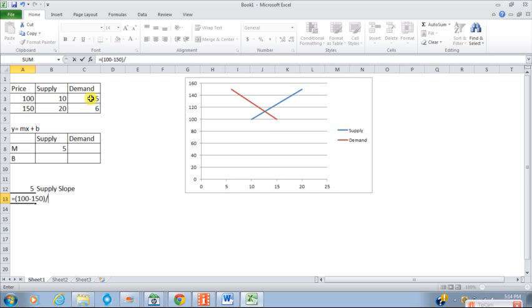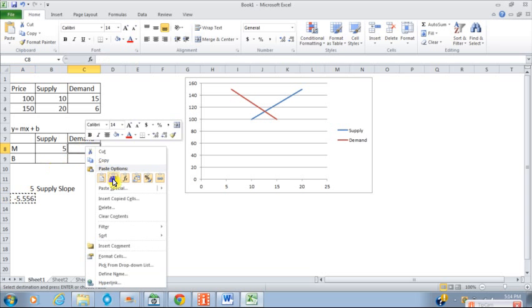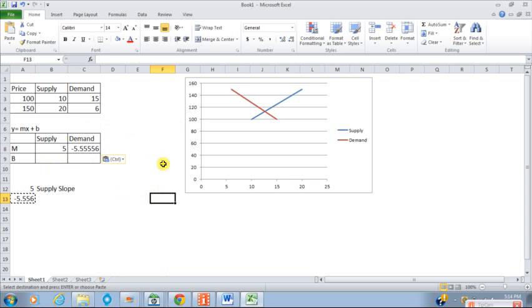Our change in quantity now goes from 15 to 6, and we get negative 5.56. I'm going to copy and paste that again in here. You should note that this is a negative slope. Remember, the demand line slopes in the opposite direction, so it is negative.